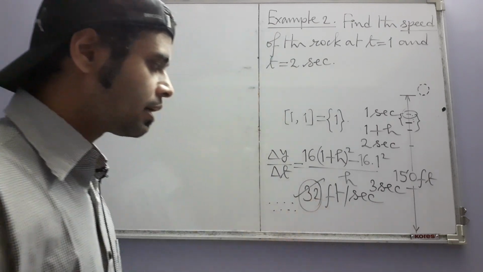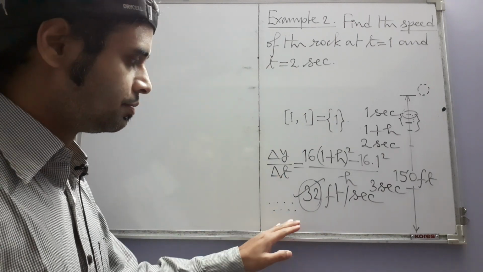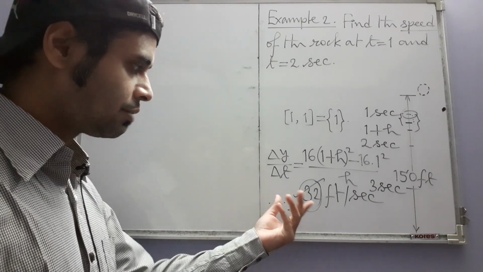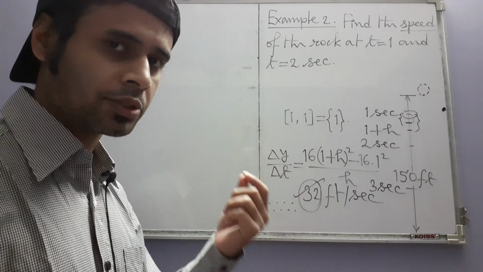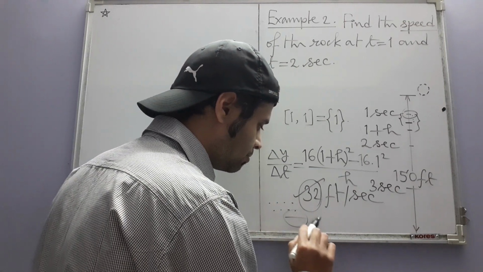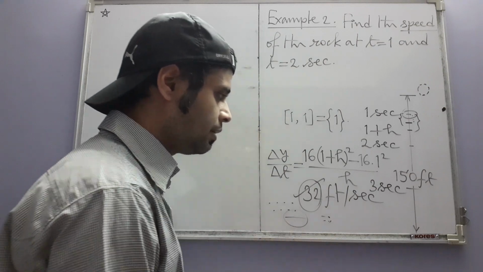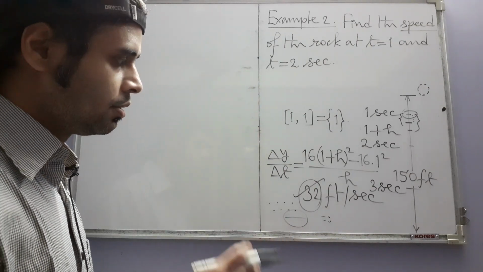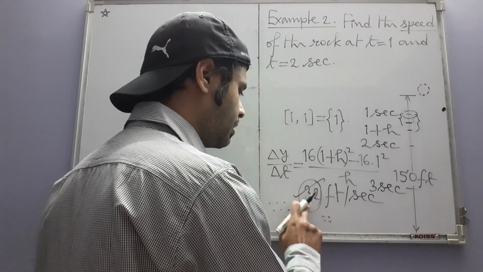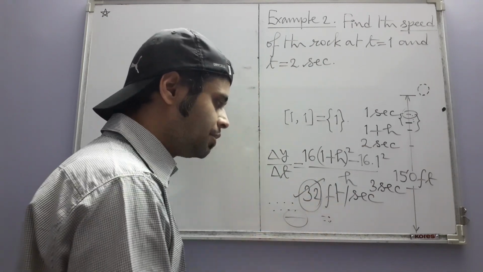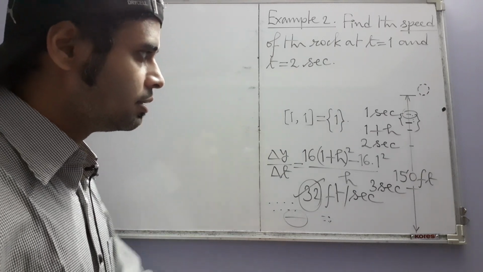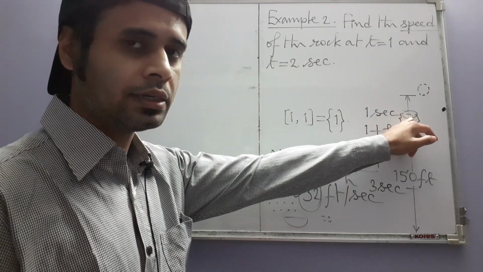The average speeds are approximating that 32 value, but how good are these approximations? Of course, that will depend on the particular approximation value itself. If you take the difference of that approximate value and 32, you will get the error in your approximation. What I have said is that the approximation can be made as good as we want by choosing a sufficiently small interval.